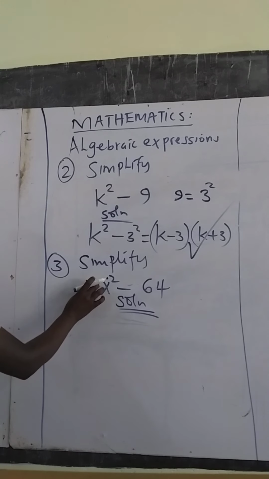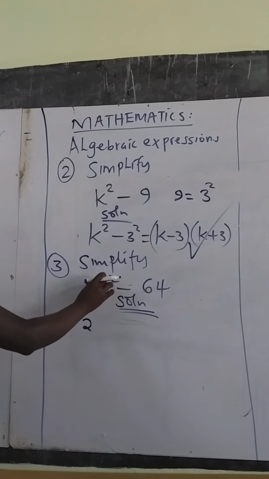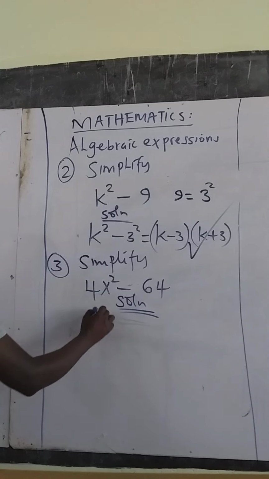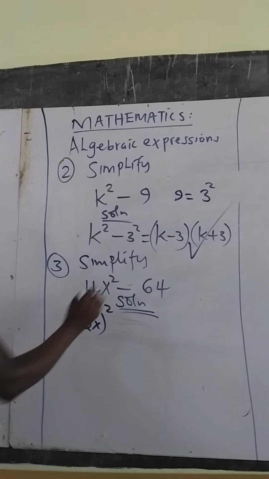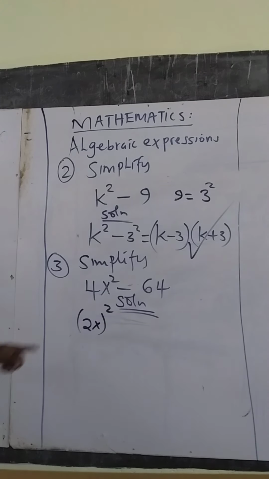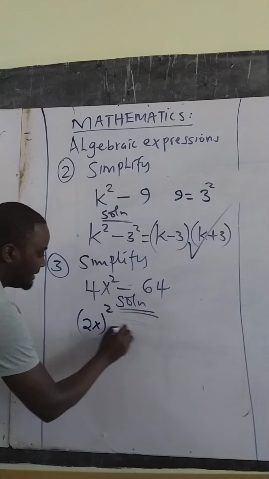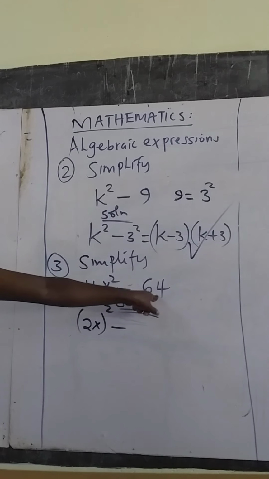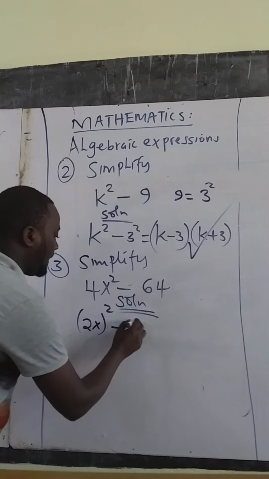The square root of 4 is 2, the square root of x squared is x, then you put them under the same power. The square root of 64 is 8, so 8 squared.